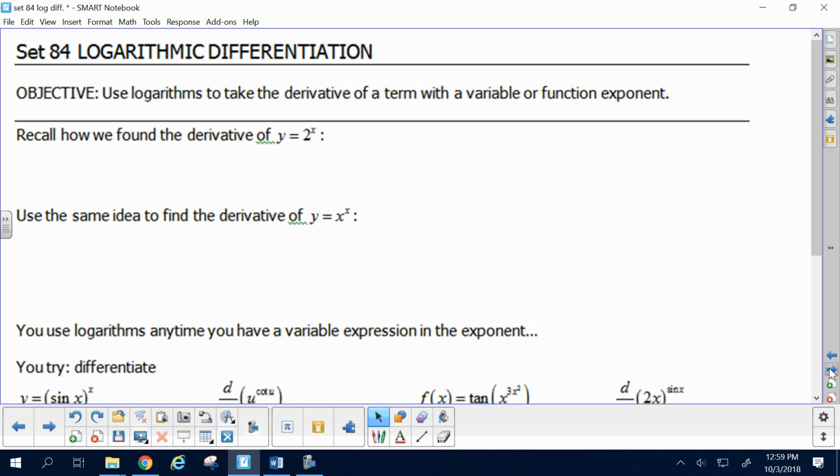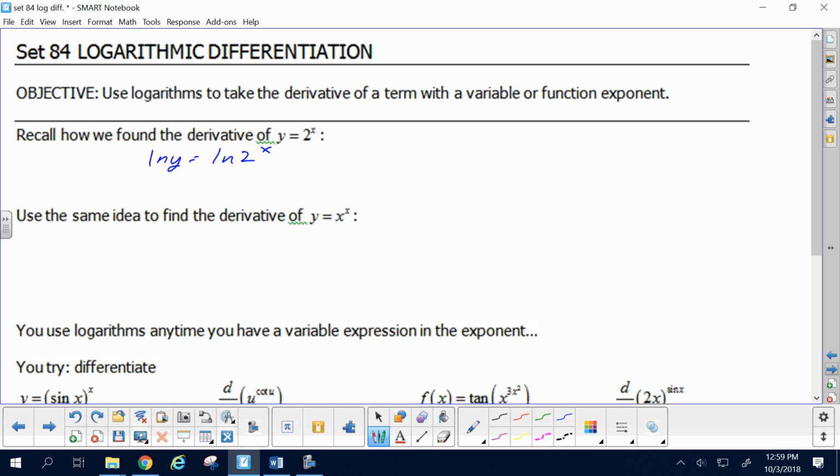Do you recall how we found the derivative of y equals 2 to the x? How do we do it? You took the natural log of both sides. And was that just to further complicate the issue, or did that achieve some goal? What did that do for us?